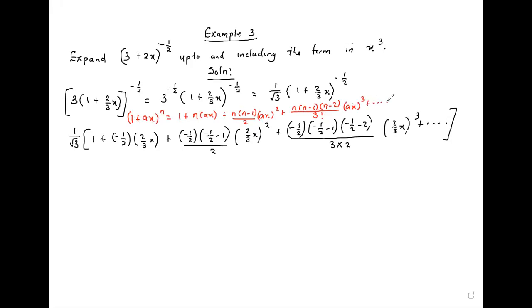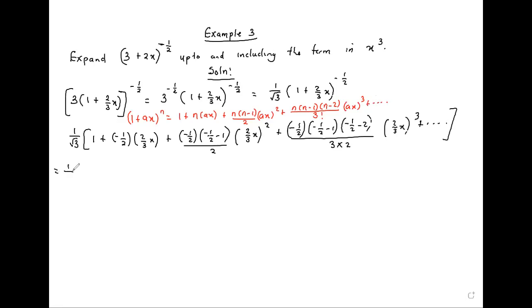This is the equation we are using to substitute all these numbers. We just identify the ax part and the n and then substitute throughout.